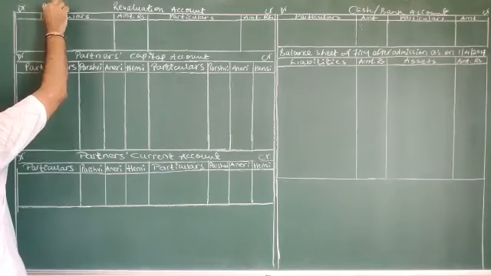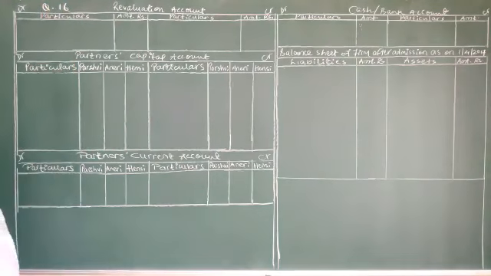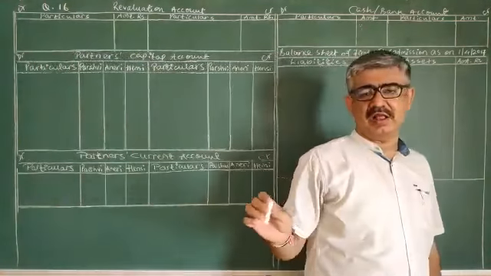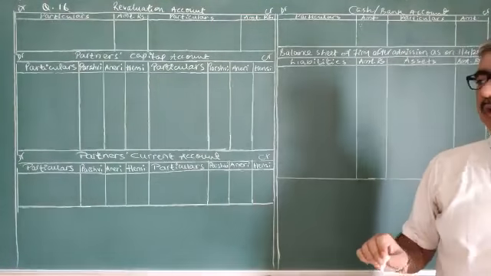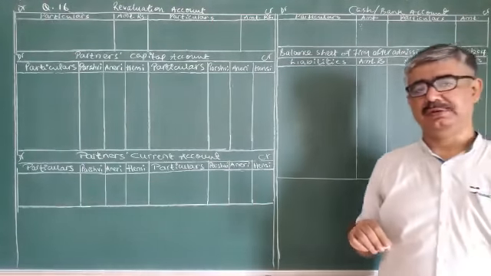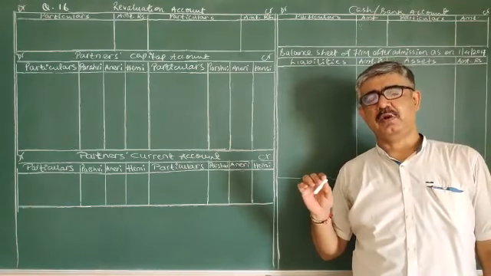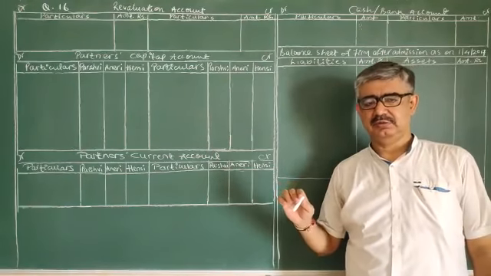Question number 16 of your textbook. What about question 15? See, question 15 is nothing else, it is actually a short question. It's not a regular 8 marks or 6 marks question.